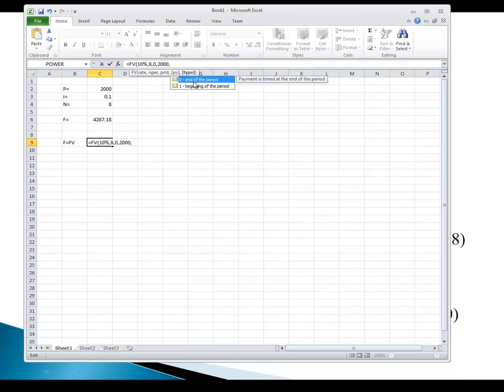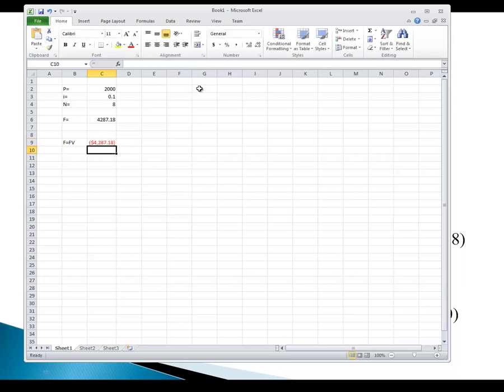And the type, as you can see here, if it's 0 it's the end of the period, and that's most likely what will happen, that it will be paid at the end of the period, or 1 for the beginning of the period. So we can change it between the end or the beginning of the year. In this case we'll put a 0 and close the expression, and we will get the same value, $4,287 and 18 cents.